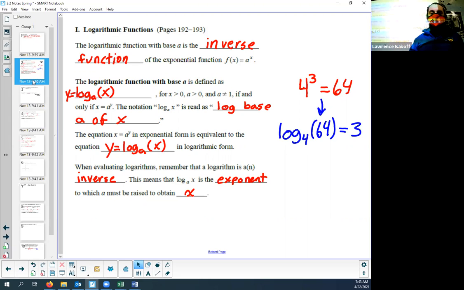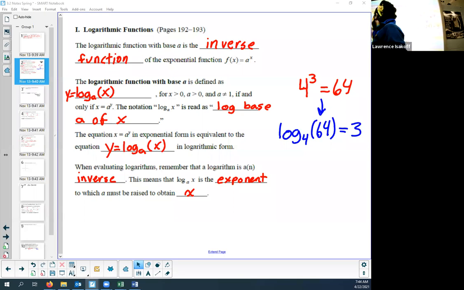So if I'm asking what power I need to take something to get a negative, we start running into issues with negatives and exponents. That's why it is only defined for positive x values, and the base of the logarithm is always going to be a positive number that is not 1, because 1 to any power is just 1. So we're not looking at that.